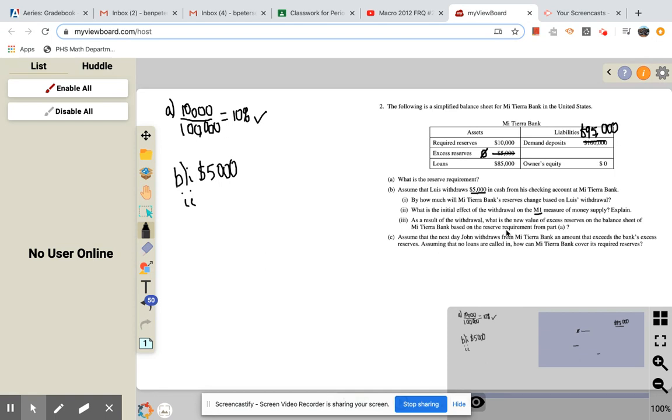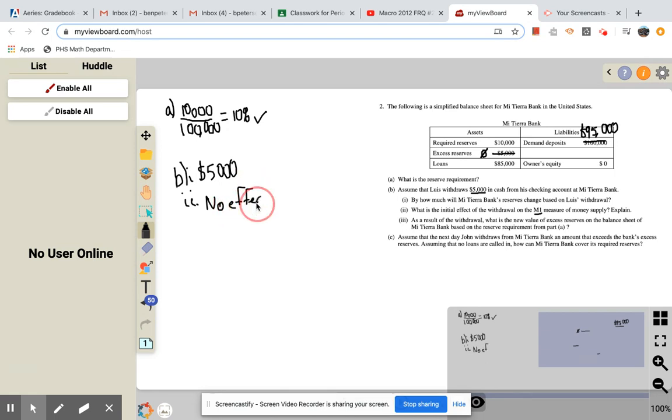So this was money that was in checking, and Luis just withdrew it into cash. So what is the effect on the M1 measure of the money supply? There is no effect. Why? Because cash and checking are both classifications of M1. So the amount that is actually in M1 doesn't change. So there's no effect.